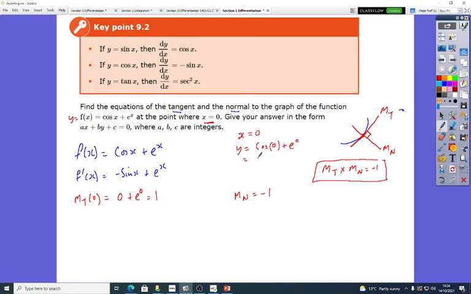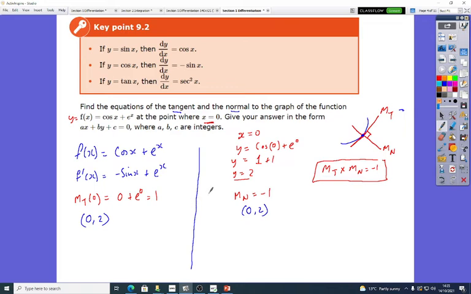Now, cos of 0 is 1, as you all know, and e to the 0 is also 1. So y ends up being 2. So all the action here, where the tangent and the normal intersect, is at the point x equals 0 and y equals 2. So that is the point these both lines go through and meet at different gradients.